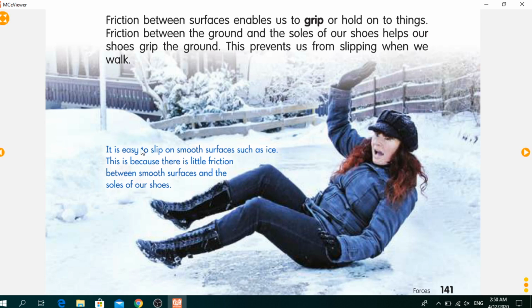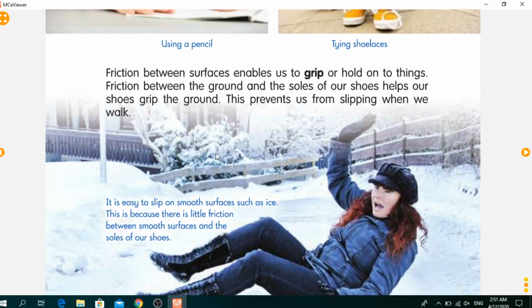So it's easy to slip on a smooth surface such as ice, because there is little friction between a smooth surface and the soles of her shoes. Okay.